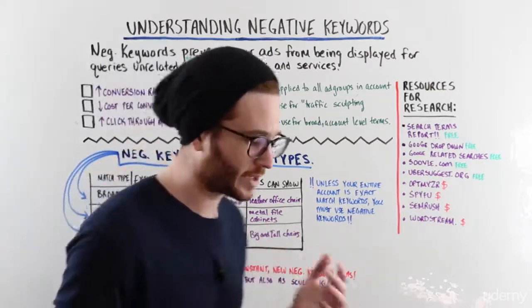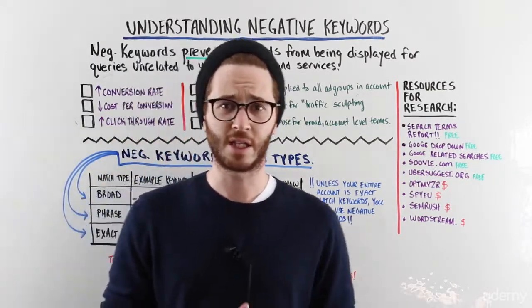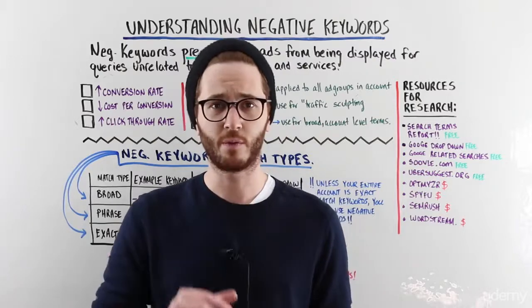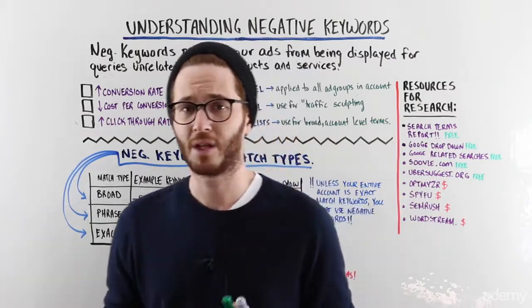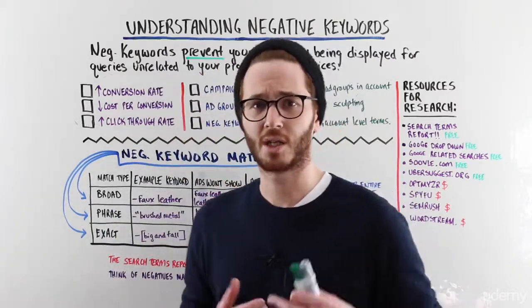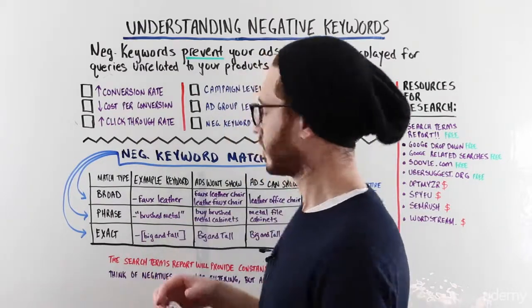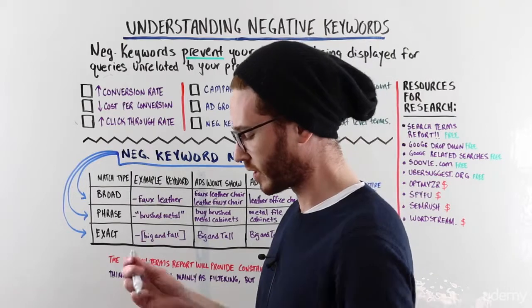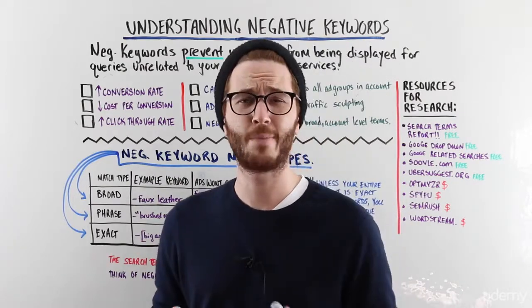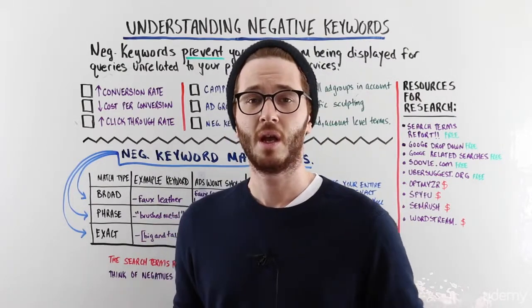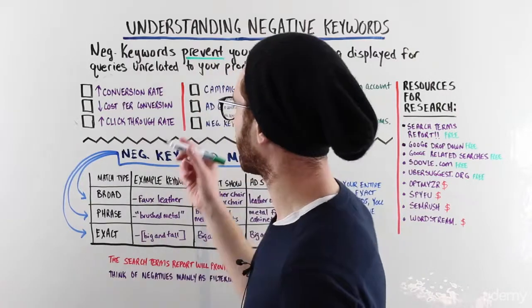So negative keywords, we know what they do. We know the signal for negative keywords is that negative sign. You know that by now, but there are different strategies and different results that negative keywords will provide. Some of the key performance indicators, the KPIs, you could see change in the account are conversion rate.